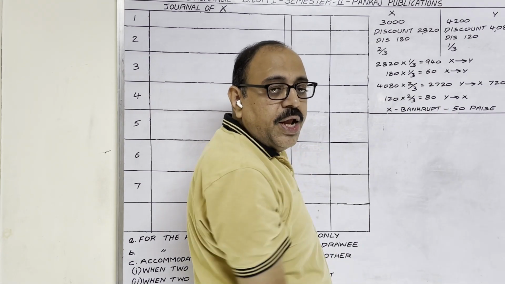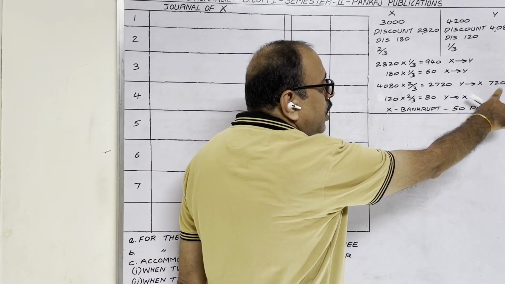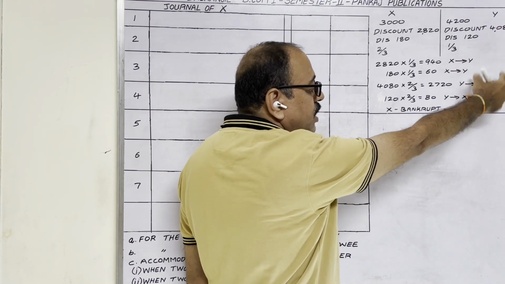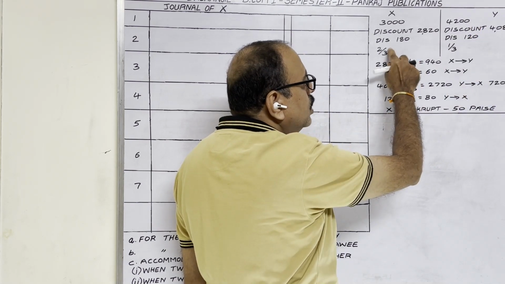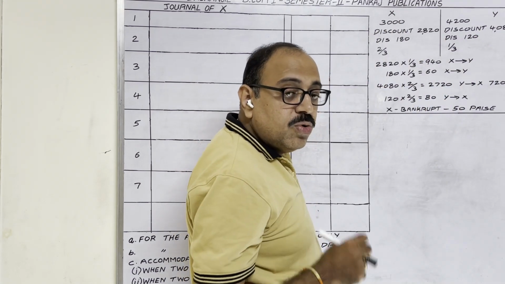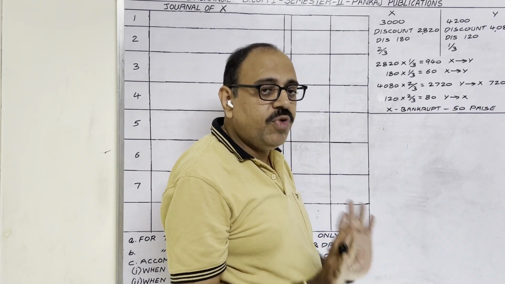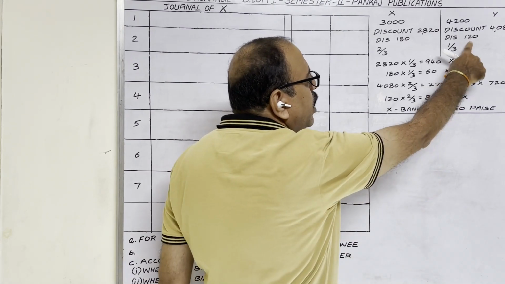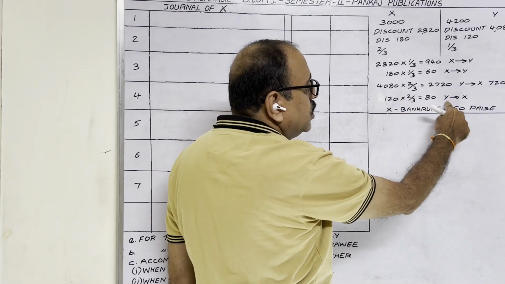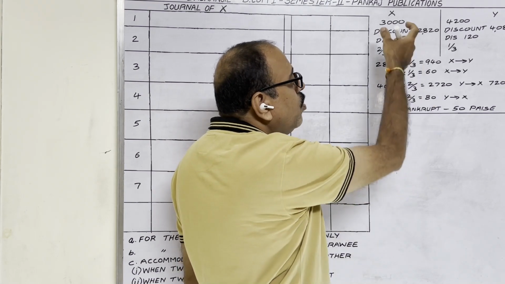But the question clearly is giving that Y paid only 720 rupees to X. So in the absence of this information, our assumption is Y is paying 2/3 of this amount, nothing but 2,720, to X. But the question clearly is giving, no, Y paid only 720 rupees to X. So we have to follow that point. And the second bill discount loss 120. In that, 2/3 Y is charging to X. So 2/3 of 120, 80 rupees, X now has to bear.